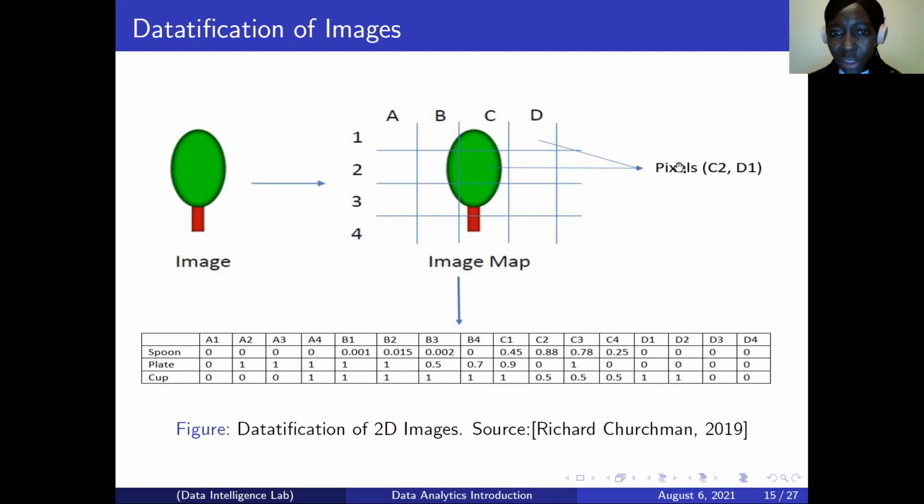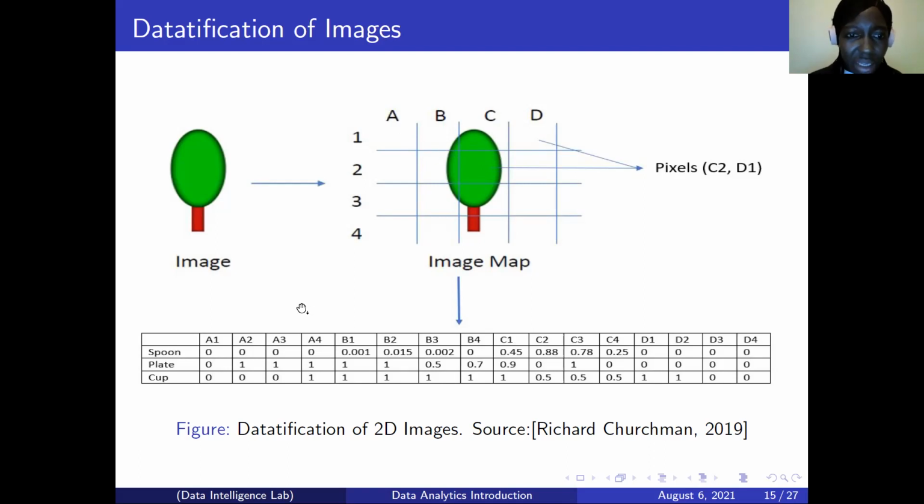Now, these pixels are then codified in terms of the level of light intensity or shades or some other information that can be used to extract unique features about each pixel.